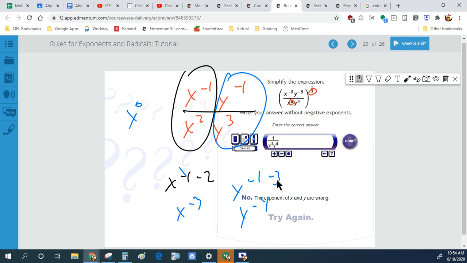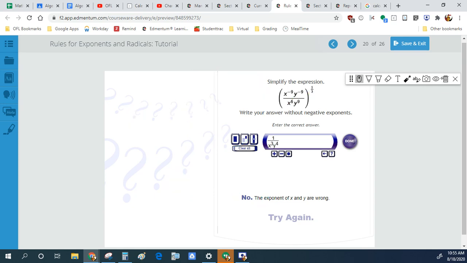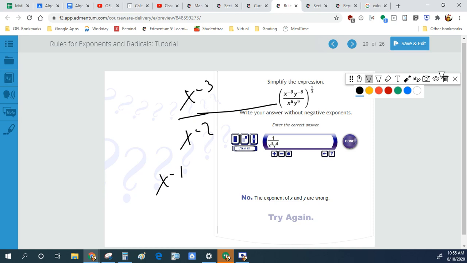So that one I try again. Did I do something wrong? Let me start over. X to the negative 3, x to the negative 2. It's x to the negative 1. That makes sense. And then this one is y to the negative 1.